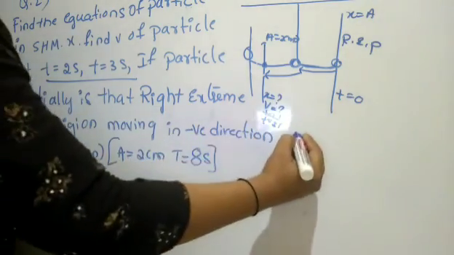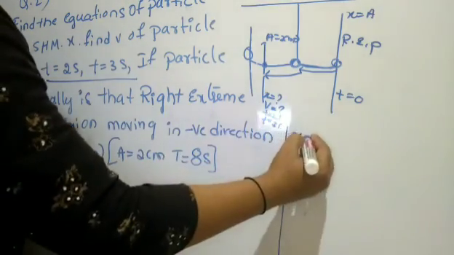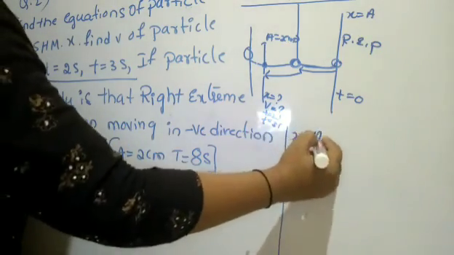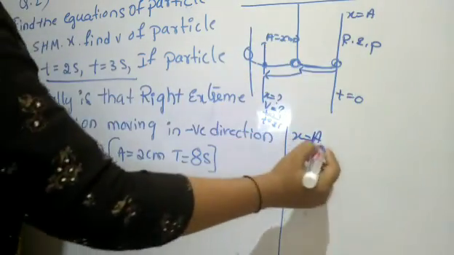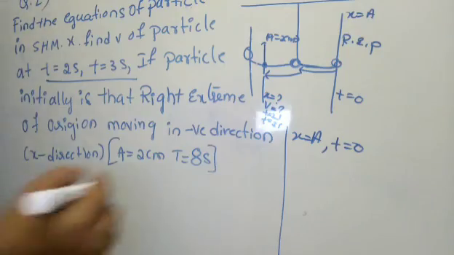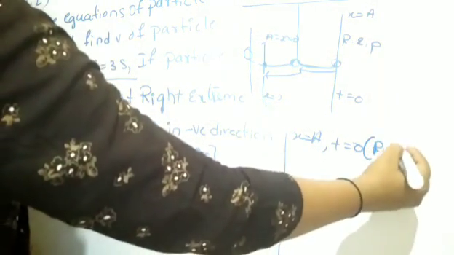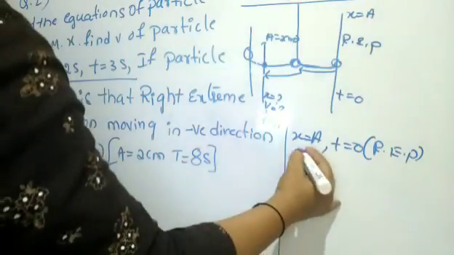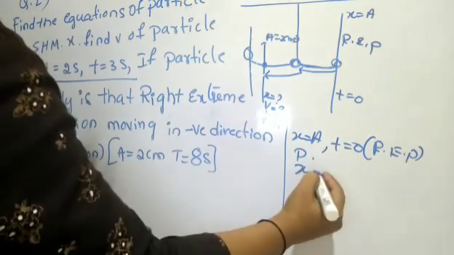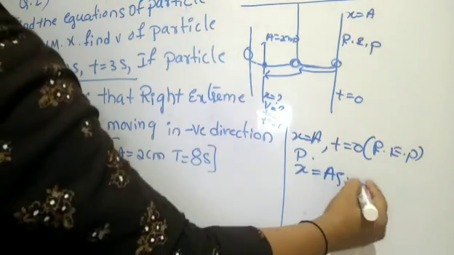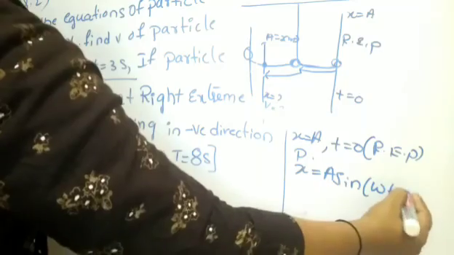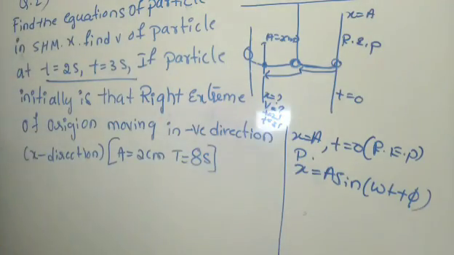So we'll go ahead with that. x = a, we have taken here. It reached the right extreme position and at that time t = 0. So at the right extreme position, what will be the displacement? That is x = a sine(omega t + phi).